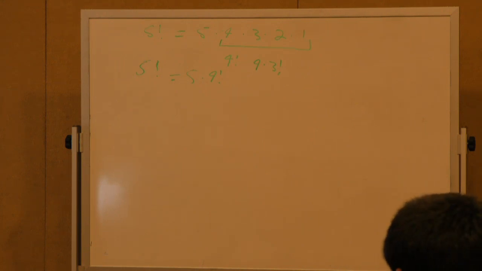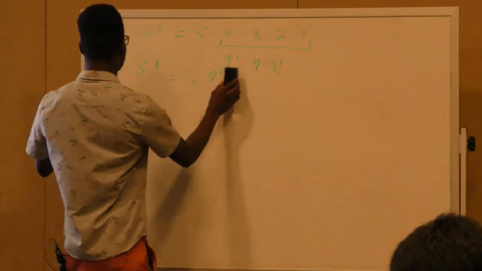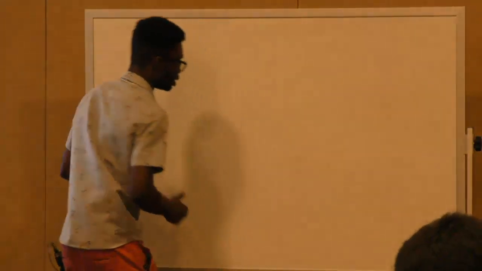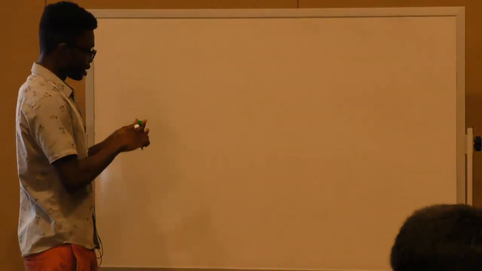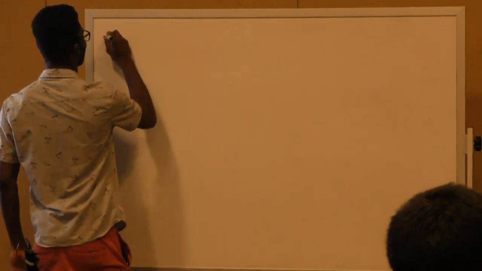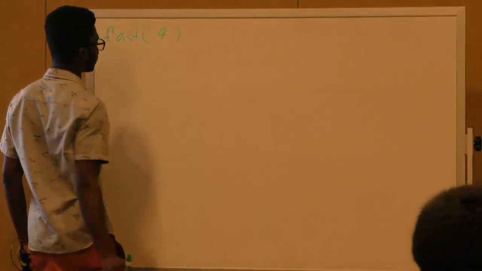Does anyone want to see me go through the recursion for factorial? Yeah? Sure. All right. So keep this code in mind as I go through an example. I will do it with 4 so that it doesn't take as long. Let's call factorial of 4.